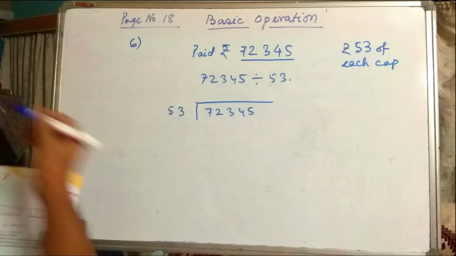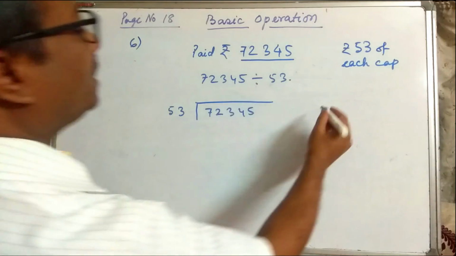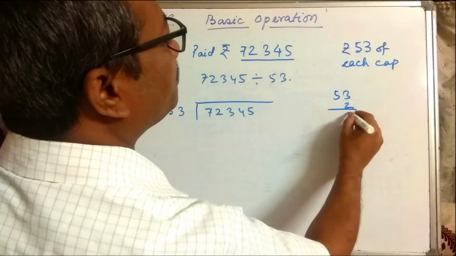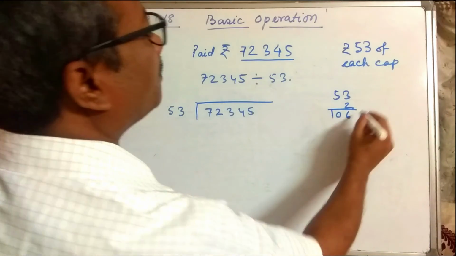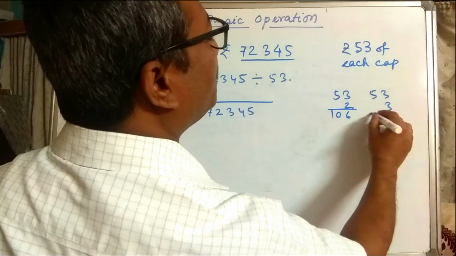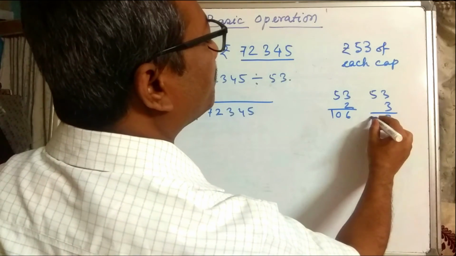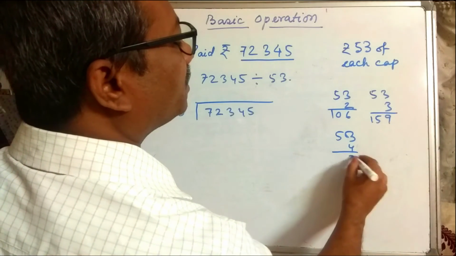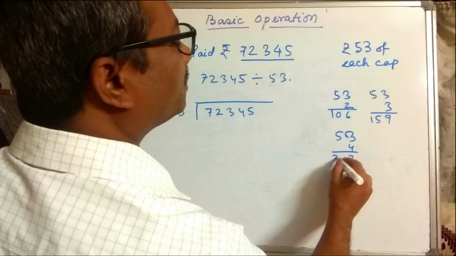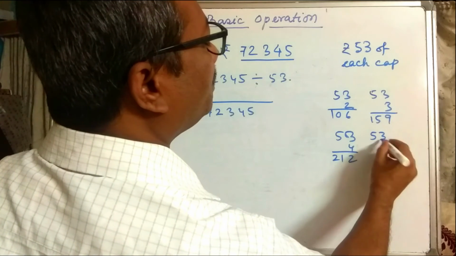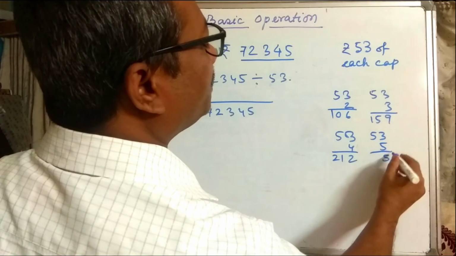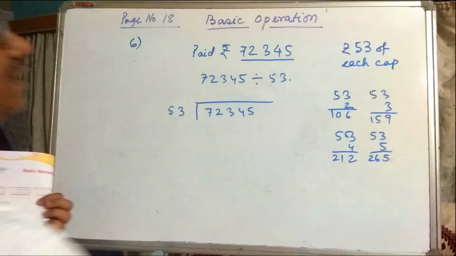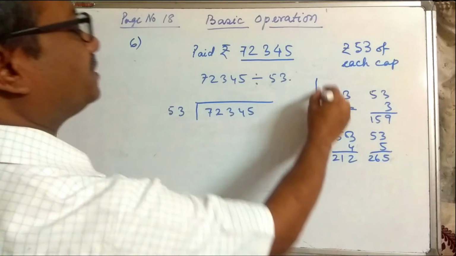Then we will have to find out the quotient. 53 ones are 53, 53 twos are 106, 53 threes are 159, 53 fours are 212, 53 fives are 265. In this way you can calculate in the rough space.